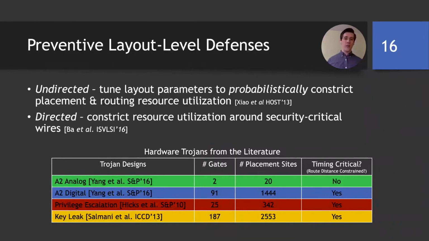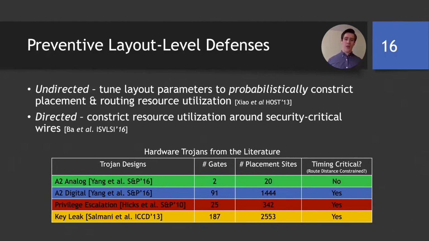The two types of layout level defenses against fabrication time additive Trojans are one, undirected, which tune layout parameters to probabilistically constrict placement and routing resource utilization, and two, directed, which constrict resource utilization around security critical wires. Using ICAS, we study the effectiveness of each defense at thwarting four different additive hardware Trojans demonstrated in the literature, including the A2 analog and digital attacks, a privilege escalation attack, and a key leak attack.